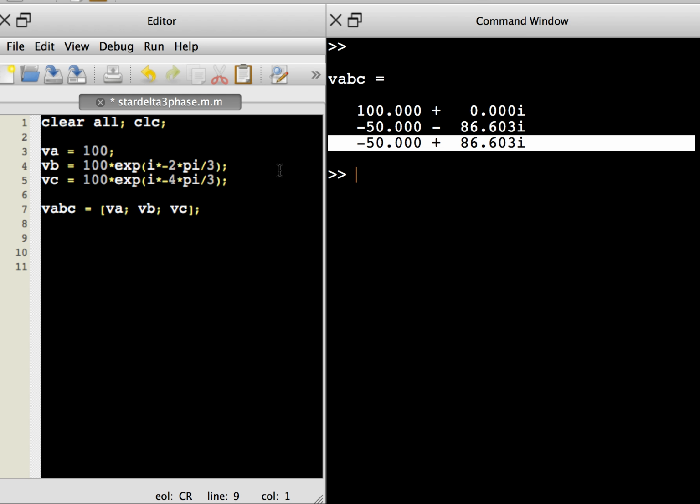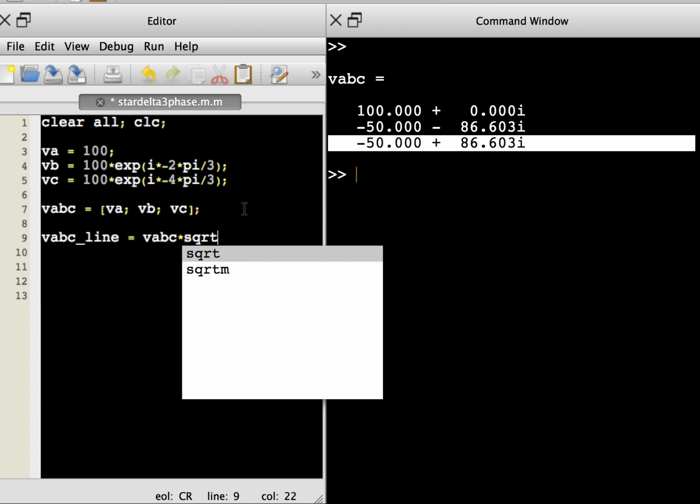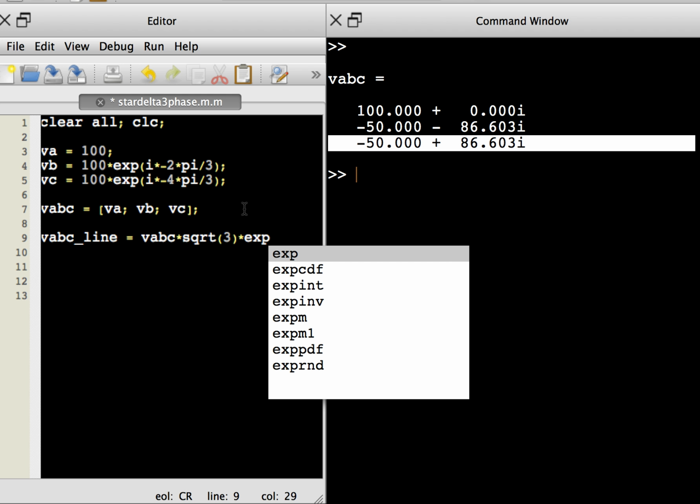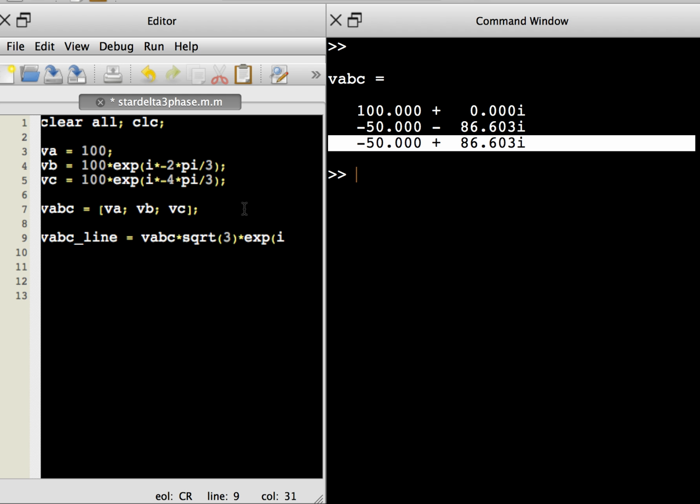So let's do that here. So VABC line. I'll just put underscore line. So these are line voltages. So VABC into square root of 3 into exponent i 30 degrees.